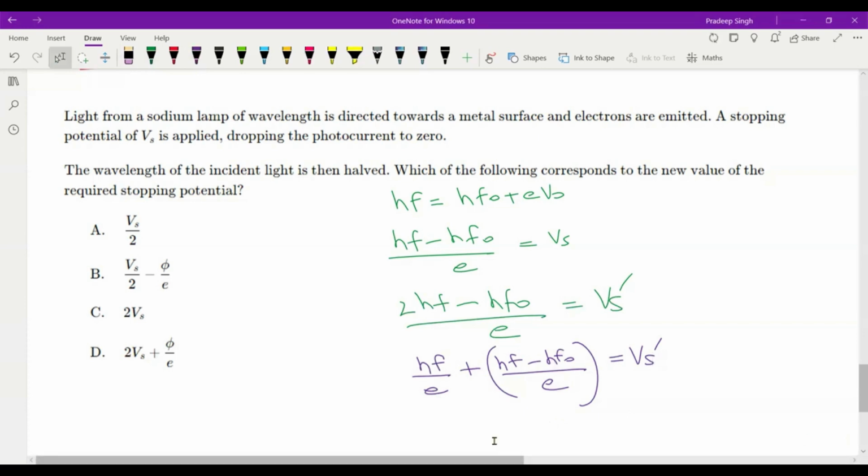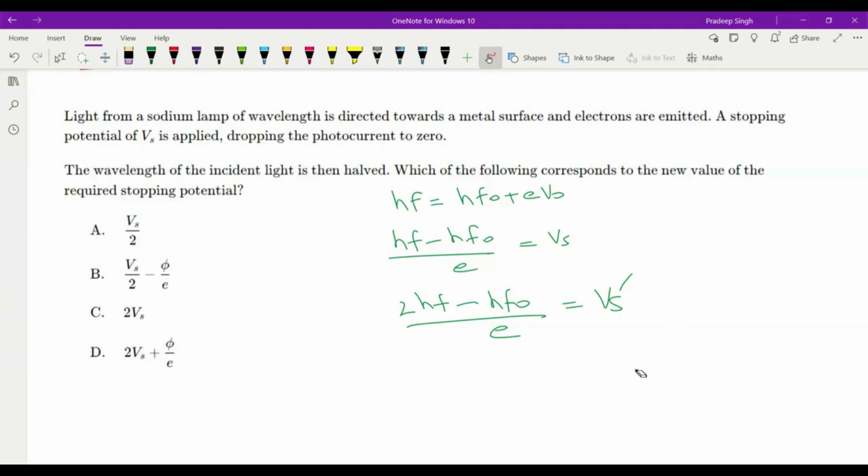Think. Okay, think what can be done now.